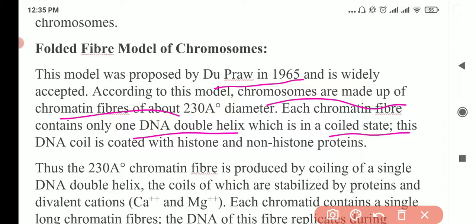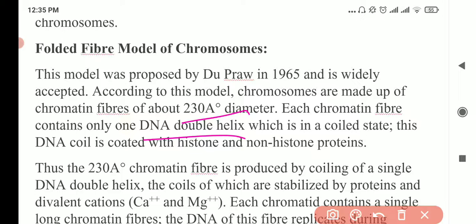This DNA coil is coated with histone and non-histone proteins. So here the fibers are 230 angstrom in diameter, with only one DNA double helix in a chromatin fiber, coated with histone and non-histone proteins.